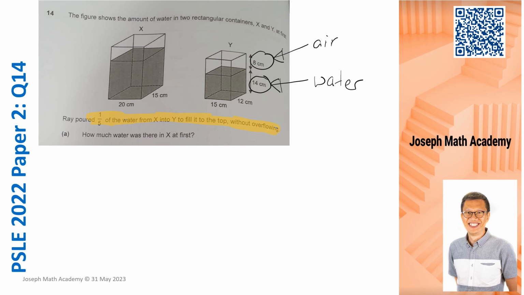That means the water that is being poured from X to Y must occupy the air space so that it will be filled to the brim. So what is the water needed to occupy the air space in container Y? I'm going to find it now.